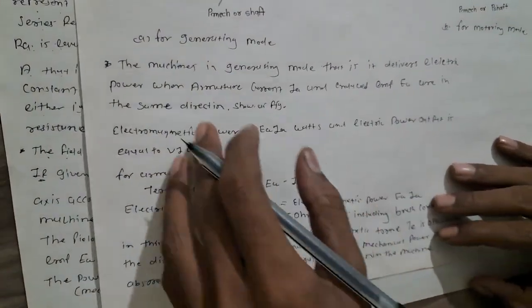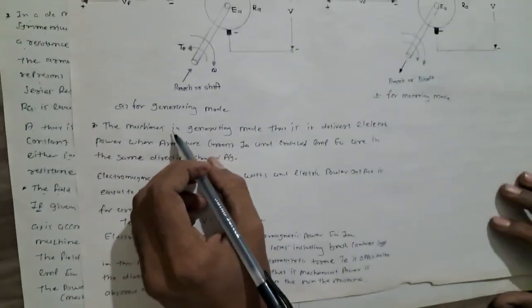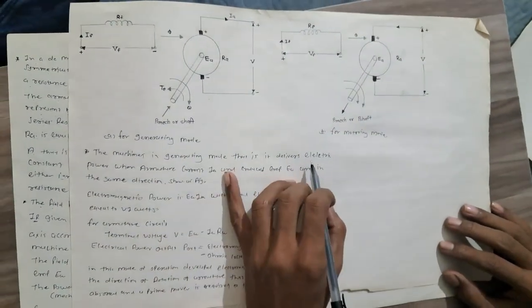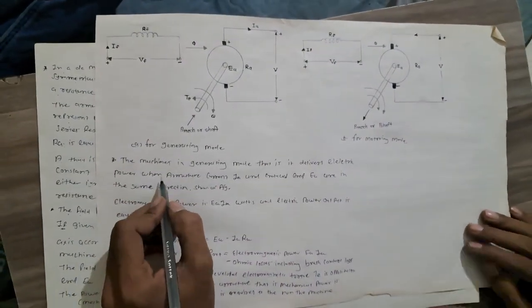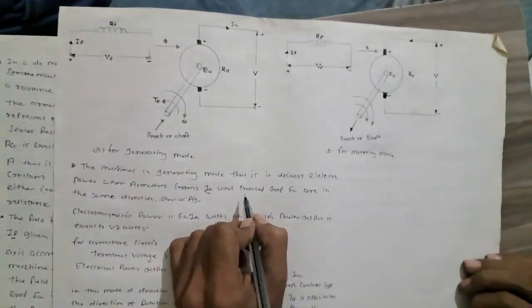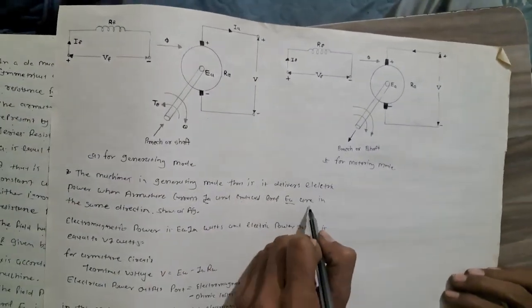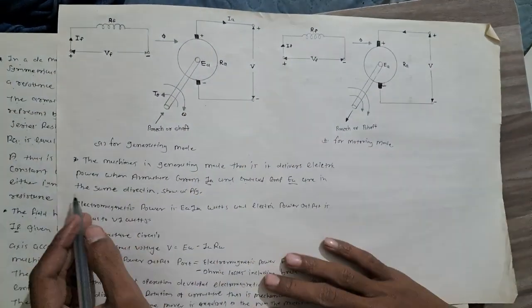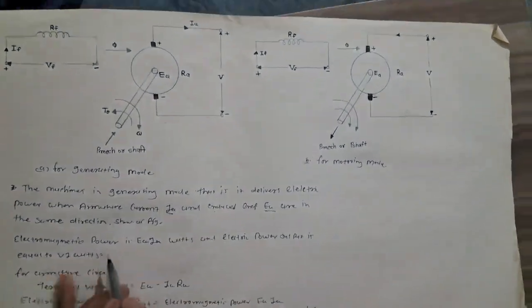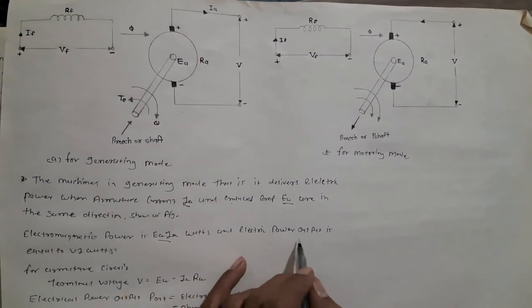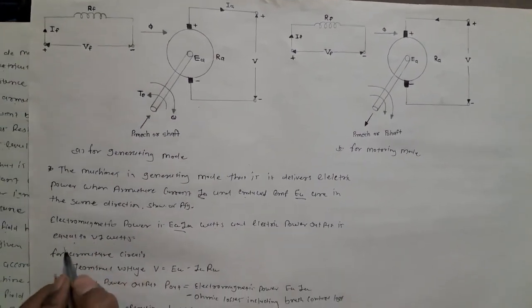So in generating mode, the machine delivers electric power when armature current IA and induced EMF EA are in the same direction, as shown in the figure. Electromagnetic power is EA IA watts and electric power output is equal to VI watts.